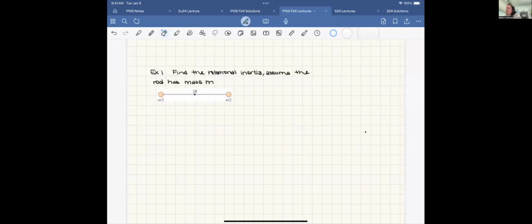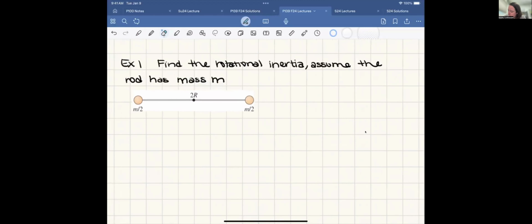Okay, so let's write this out. Let's remember the rotational inertia for a rod about its center is 1/12 ml squared. So we're going to have to refer to that one.